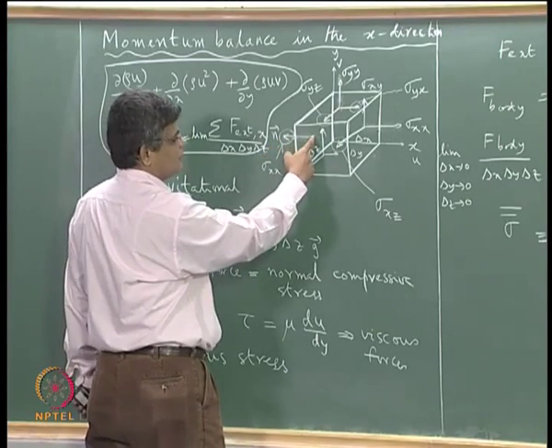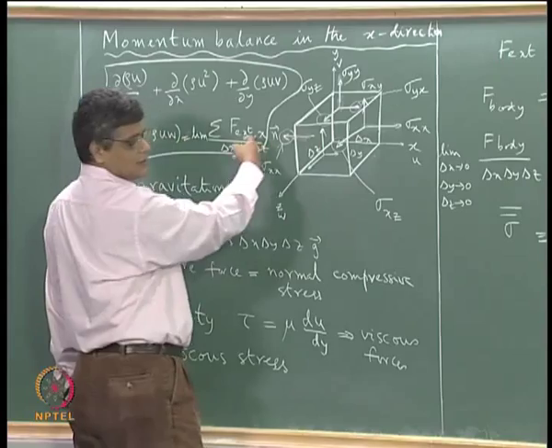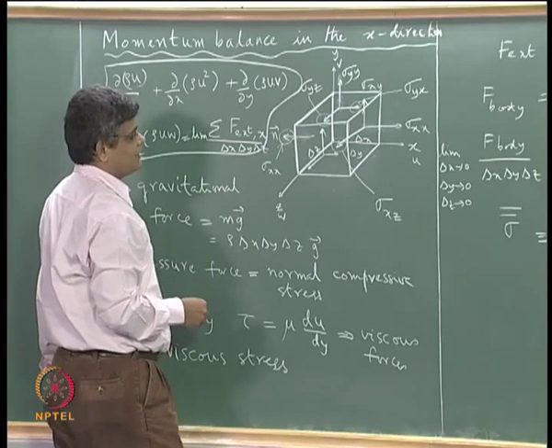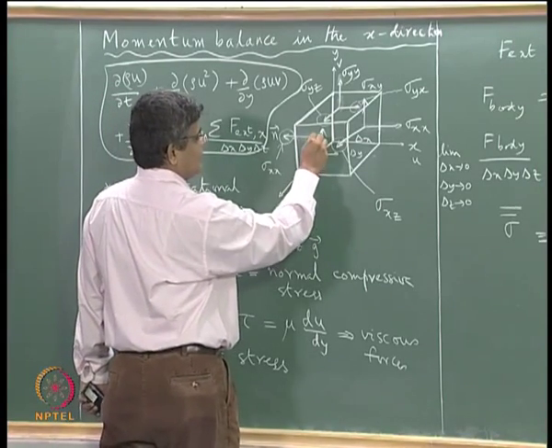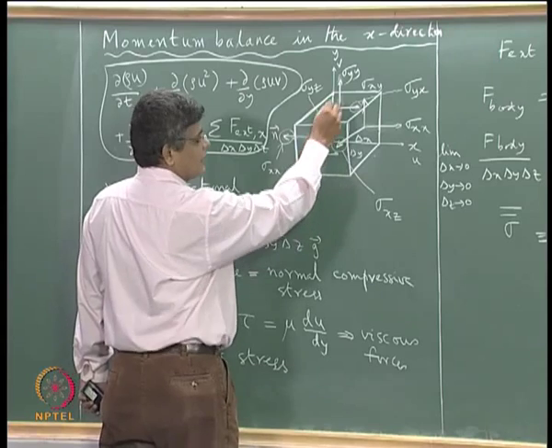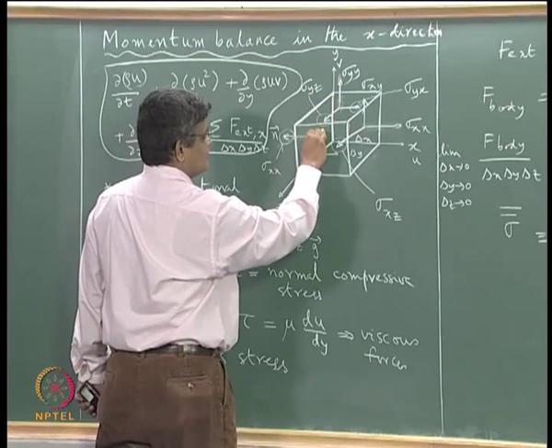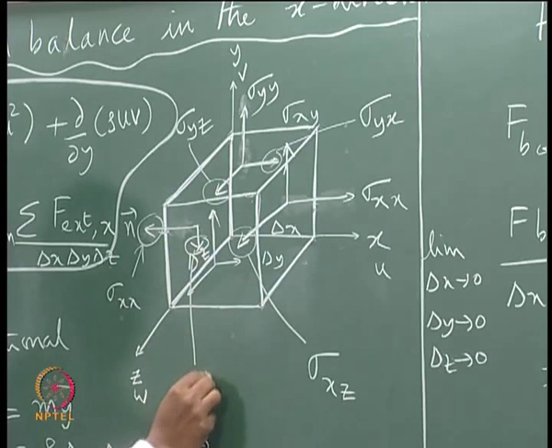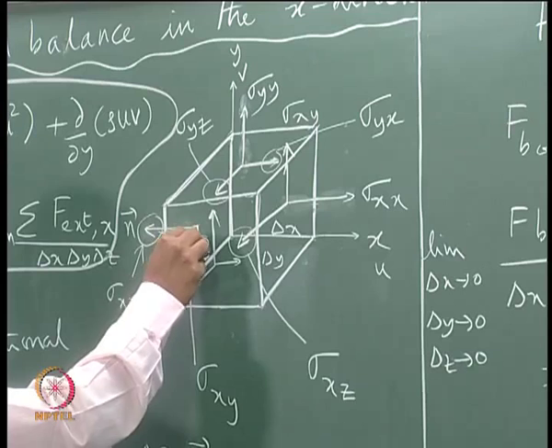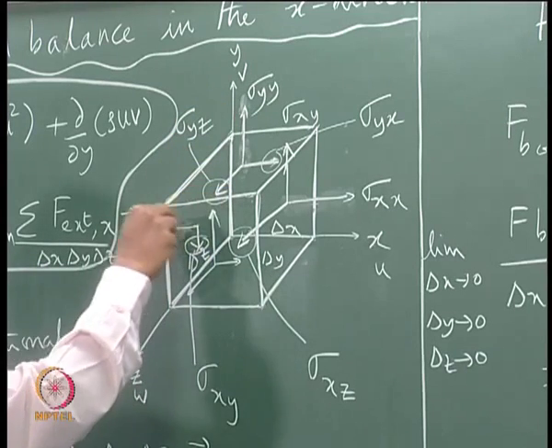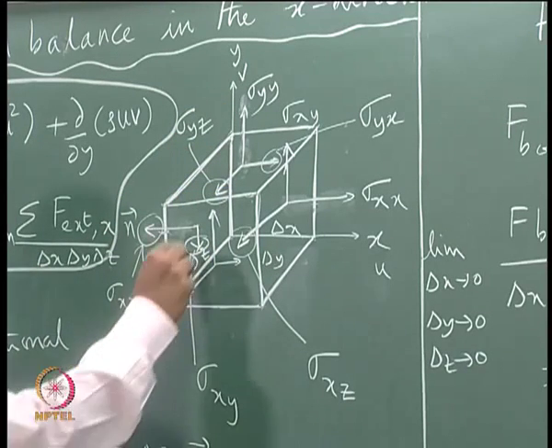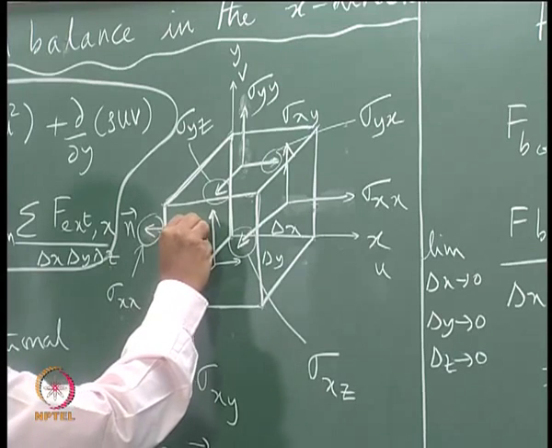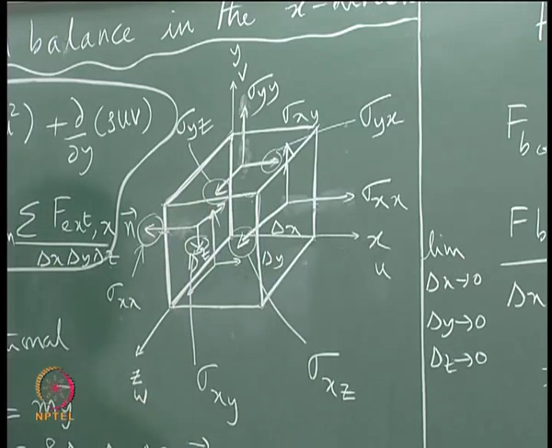So instead of being in the positive x direction, it will be considered to be acting in the negative x direction, and the y directional stress on this is supposed to be down. So this is sigma xy, and this is acting in the negative y direction because it is a negative x face, and similarly the xz component will be acting in this direction.